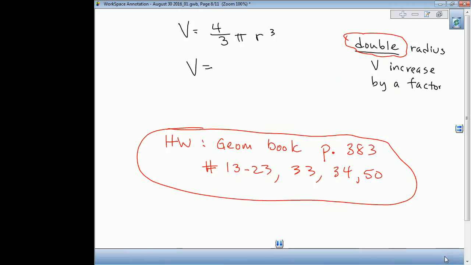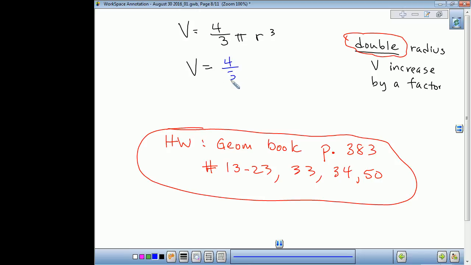Okay, the last thing I want to go over before I give you class time to get started on your homework is what happens if we change our dimensions. So if we double the radius, what effect would that have on the volume? Whenever you're talking about changing one of the dimensions by a multiple, think about the formula. Where does that dimension go?